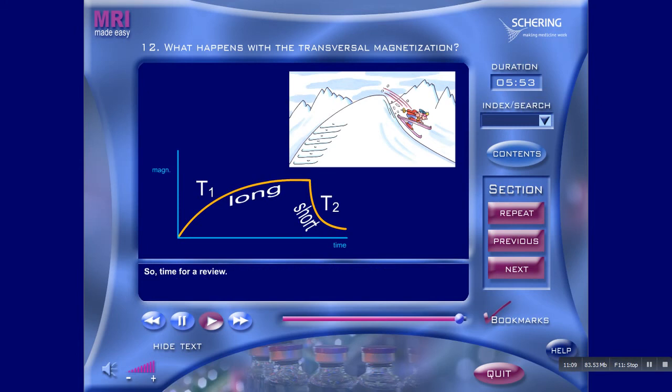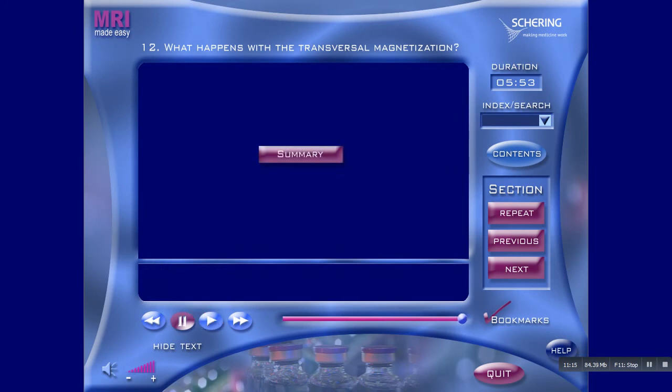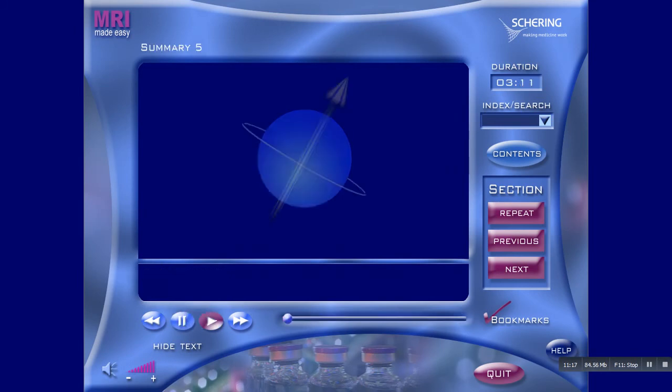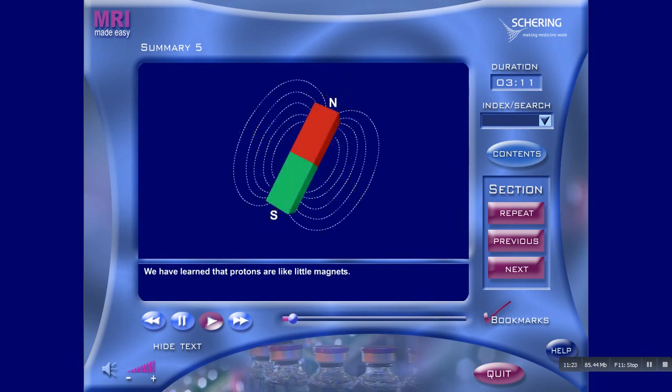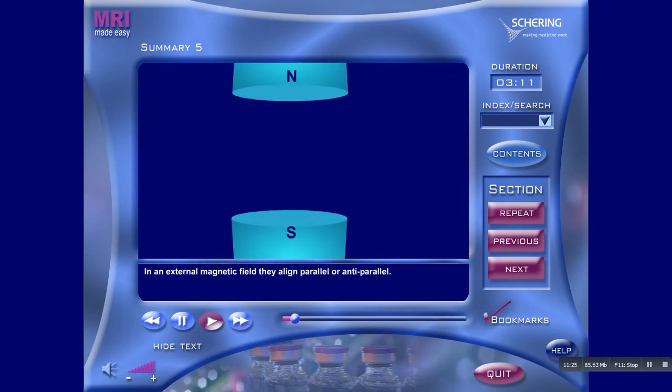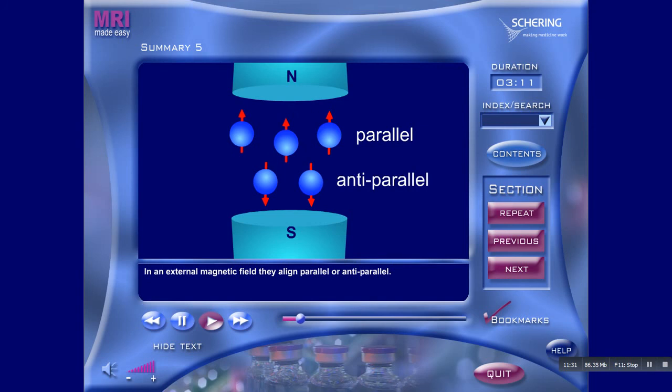So, time for a review. We have learned that protons are like little magnets. In an external magnetic field, they align parallel or antiparallel. The lower energy state, parallel, is preferred. So a few more protons align this way.